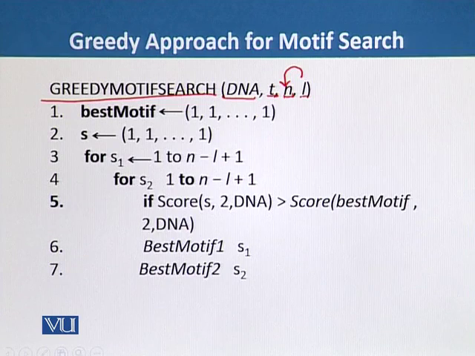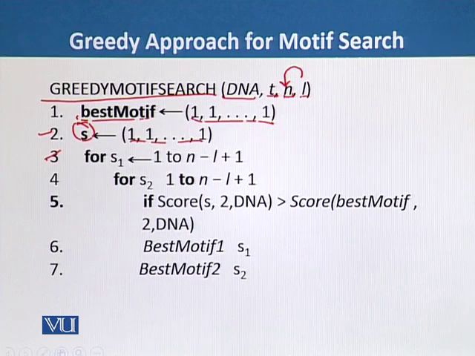The first step is we assign the value of 1, 1, up to 1, as we have already seen in the previous algorithms, as the best motif value. In the second step we assign the same value to the starting positions of the DNA sequences, the same as we assigned to the best motif.